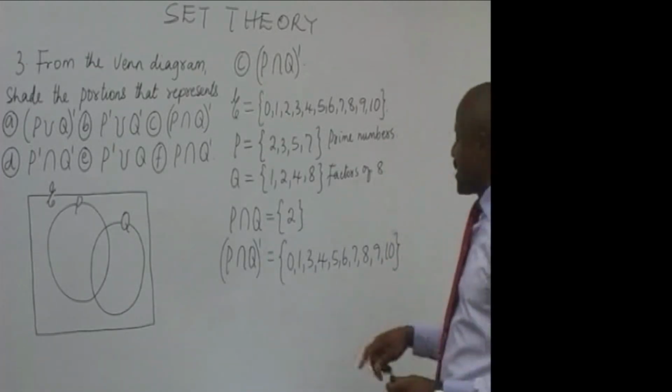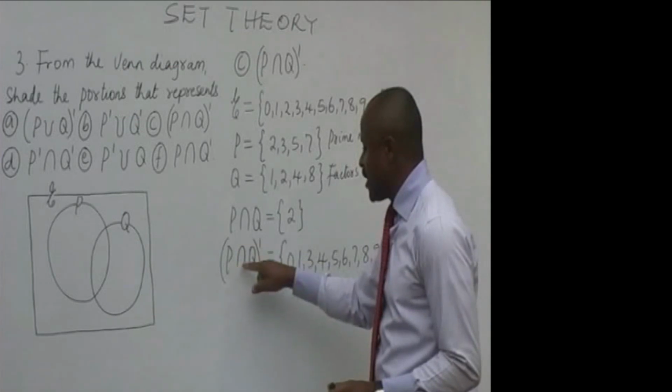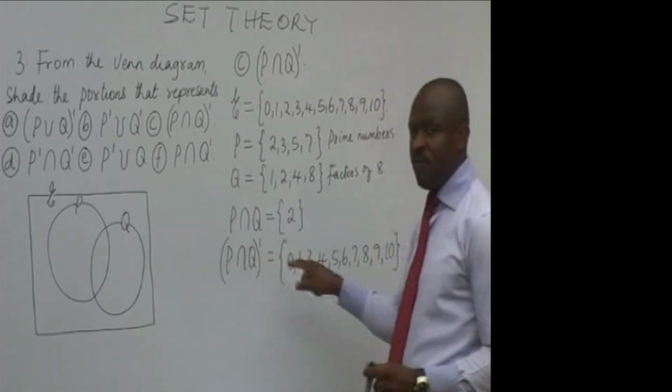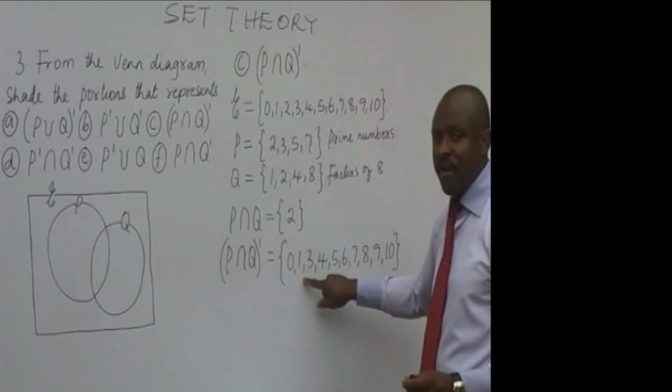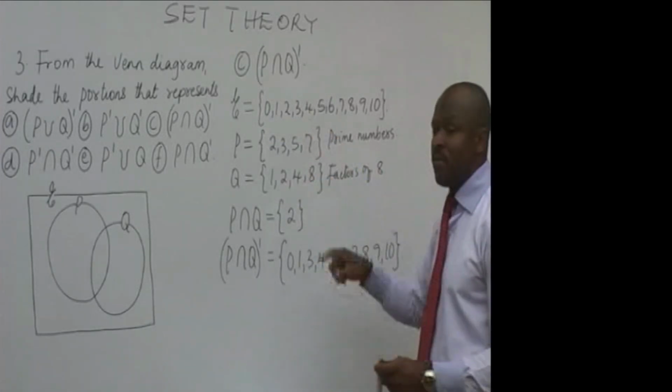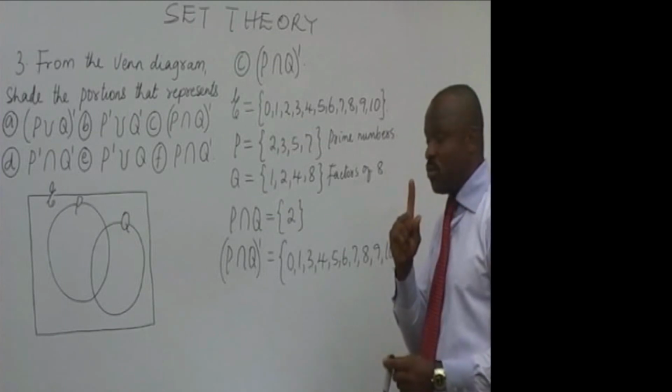So if you look at P intersection Q prime, you find out that it is only 2 that you cannot find there that you can find in the universal set. Only 2.